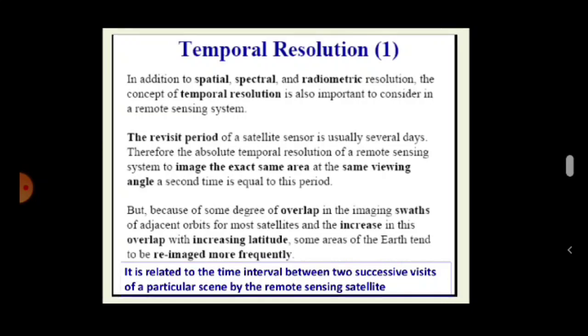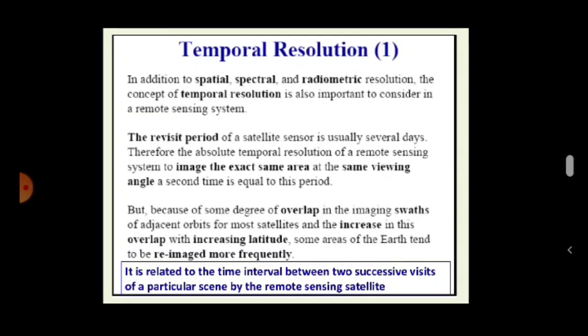So assume that your house is observed by a satellite today at 6 p.m. and tomorrow at 6 p.m. So that satellite's temporal resolution is called 24 hours, 1 day.